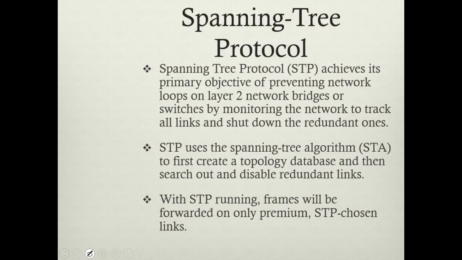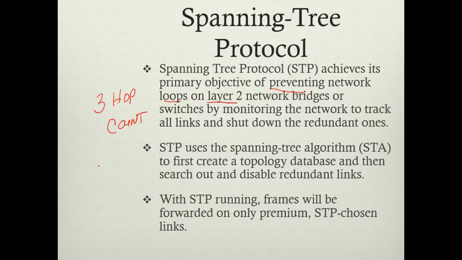So the spanning tree protocol achieves our primary objective of preventing loops on layer 2. Remember layer 3, we had a hop count, so packets would die. Layer 2, we don't have any of that.